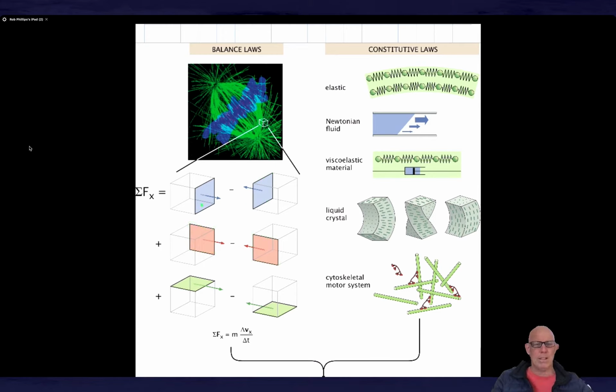Notice that on the blue faces here, the force is normal, because we're looking at the x direction of force, and my coordinate system is drawn such that I have x1, x2, and x3. So if I'm looking in the x1 direction, then on the blue faces the force is normal to the faces, and in the orange and the green cases, the x component of force is in the plane. So that's already kind of interesting.